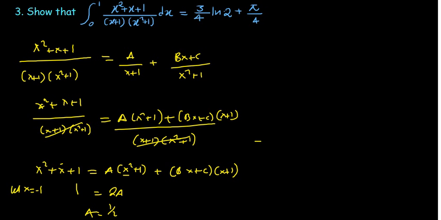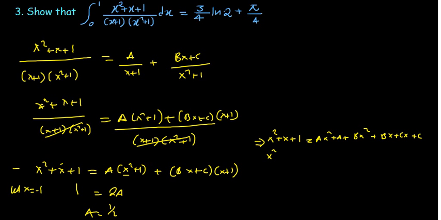Now, just from this stage here, I'm going to get x² + x + 1 is equal to, we're going to distribute, that will be Ax² + A, plus we distribute the Bx + C, that will be Bx² + Bx + Cx + C. And so those terms which have got squares on the left hand side, we're going to compare the coefficients.